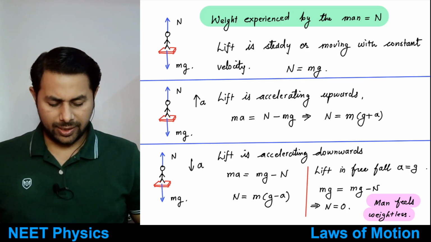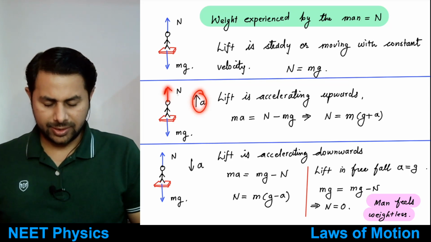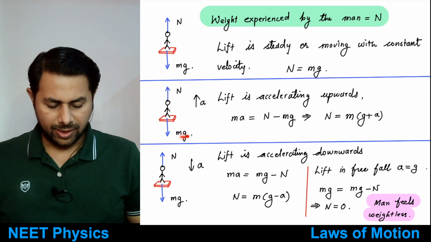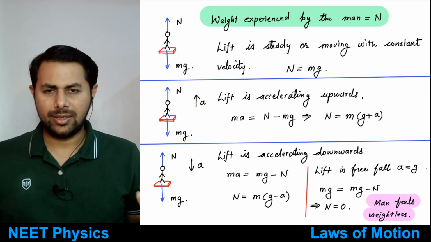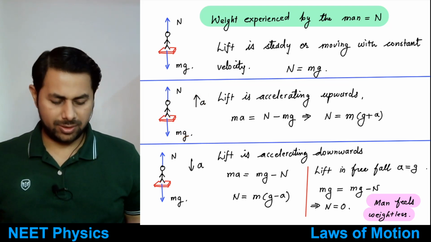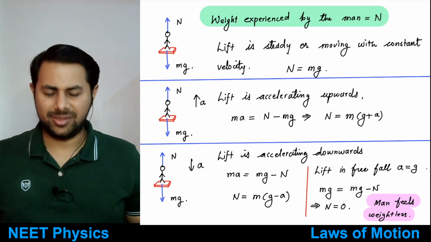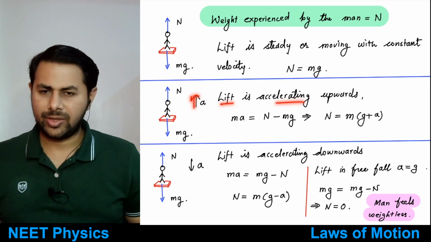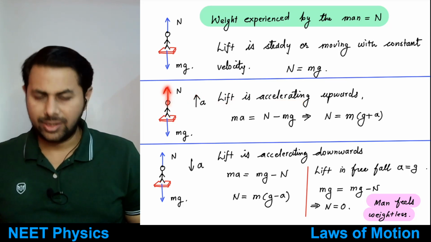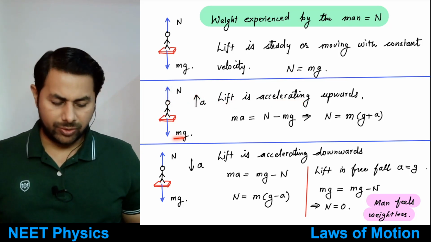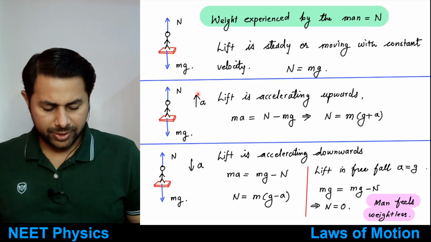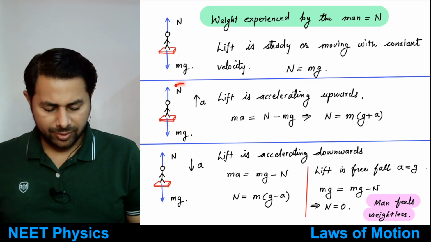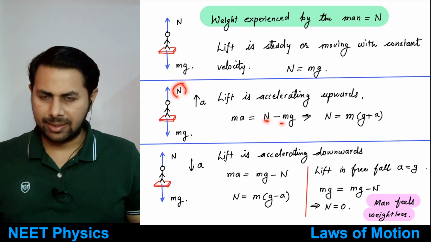Then if it is accelerating upwards, the normal reaction, the upward force, must be greater than mg, and that's why he will feel his weight has increased. Since the lift is accelerating upwards with acceleration a, the normal reaction is greater than mg, the downward force, and therefore the net force is ma, equal to N minus mg.